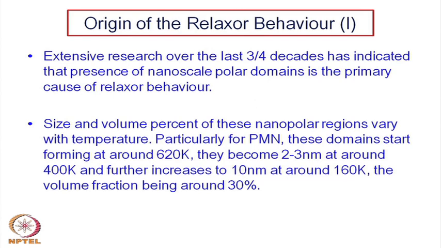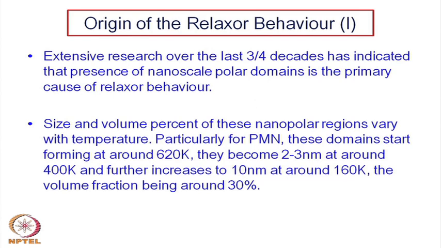So, these structures are much more ordered, and they have a larger domain size. Size and volume percent of these nanopolar regions vary with temperature. Particularly for PMN, if you are cooling from a higher temperature, these domains start forming around 620 K, and their size is only about 2 to 3 nanometers.